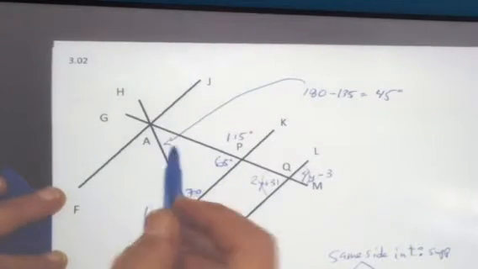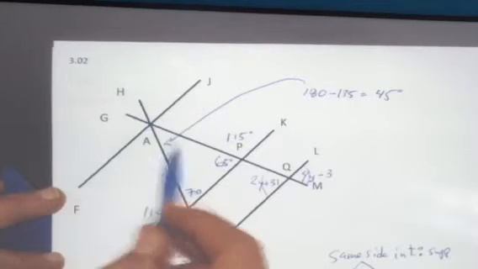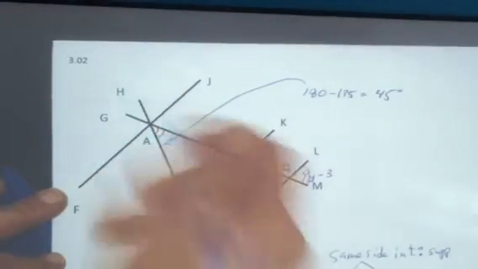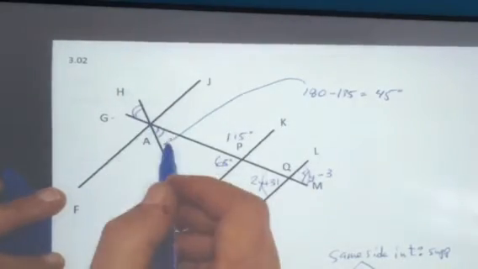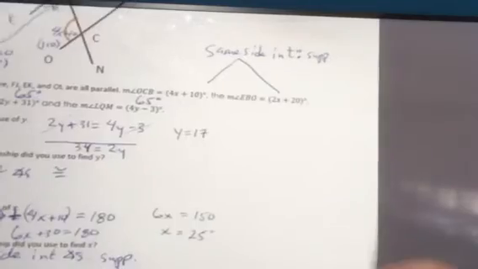So we just found that this one is 45, and now we have angle GAH. So what kind of angle relationship do we have between this one, GAH, and the 45? These are vertical angles, which are congruent. So that means that the measure of angle GAH is also 45 degrees.